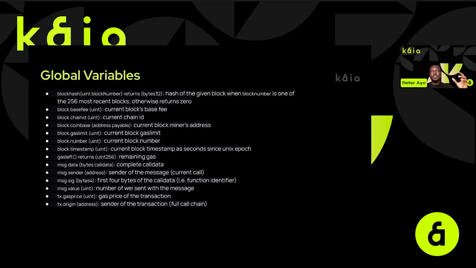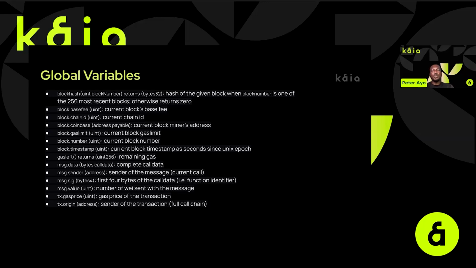And because LayerZero uses endpoints connection between each contract, we had to check if I'm currently on Kaia. And if I'm currently on Kaia, I should be able to delegate call to another blockchain, say Base or say Ethereum, right? So block.chainid helps you get the current chain ID which you are working on, right? That's the blockchain ID, right?